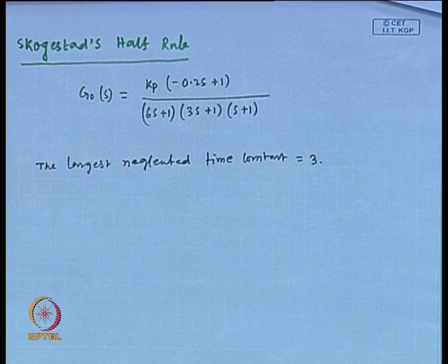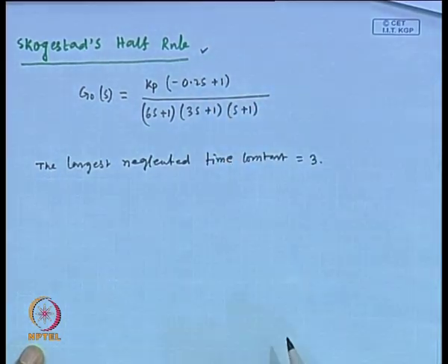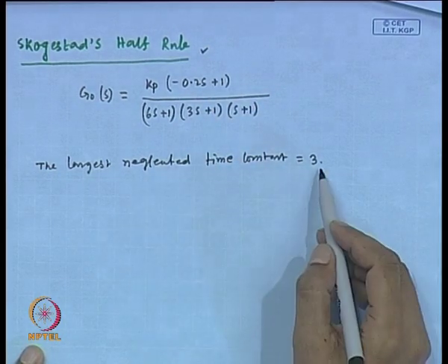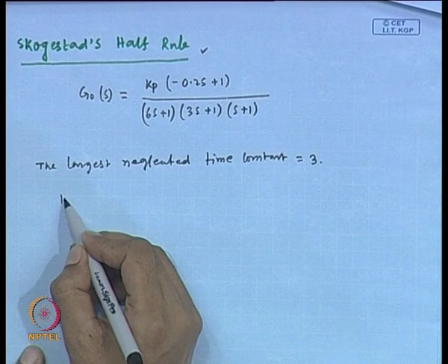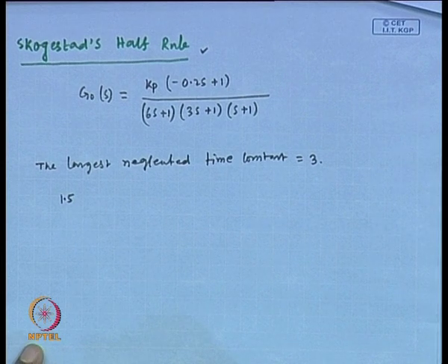In the earlier discussion, we have neglected this time constant, which is the largest one. Now, according to Skogestad's half rule, half of this, I mean 1.5, is added to the next largest time constant. Try to remember the step.